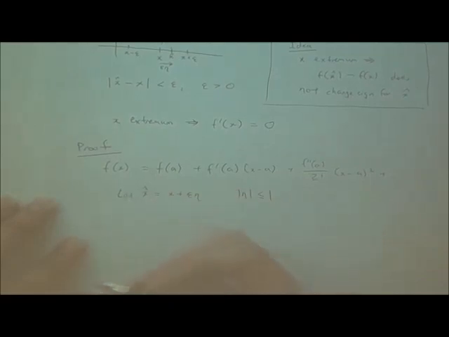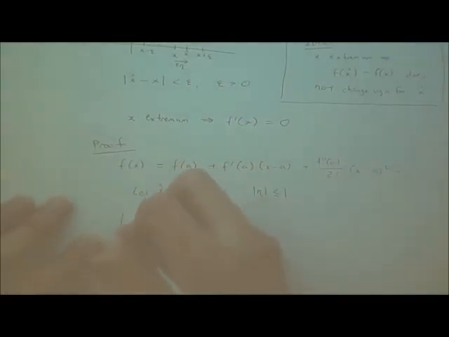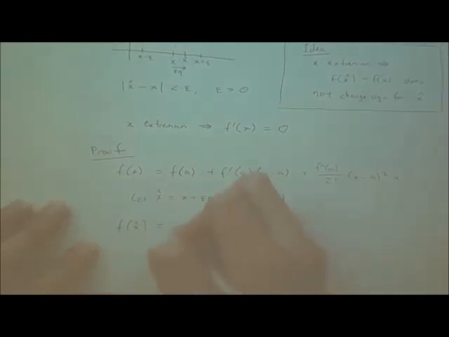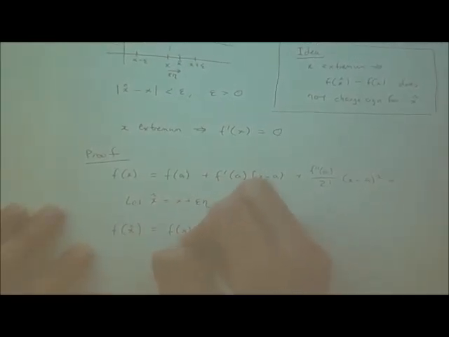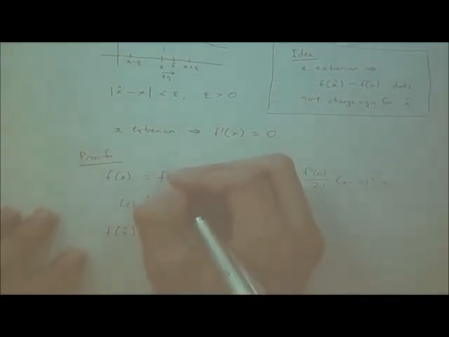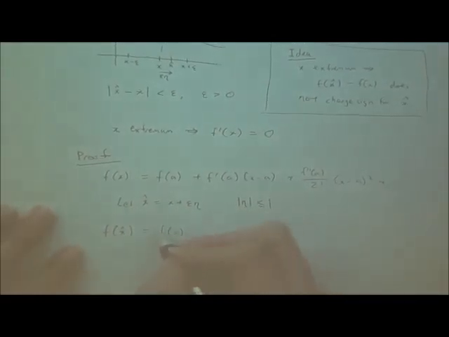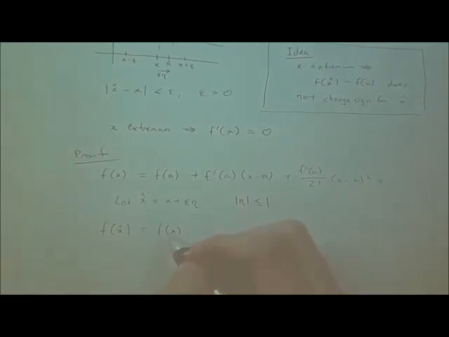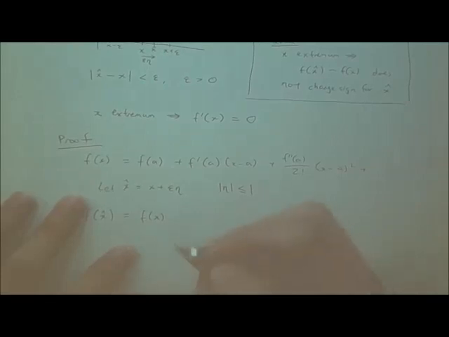If we replace x with x hat and a with x, then we get f of x hat equals f of x, x being our minimum point here. We had the Taylor series about x equals a earlier. Now we're doing it about our minimum point. Unfortunately, there's a bit of notation clash here, but hopefully this will make a bit more sense in a moment.